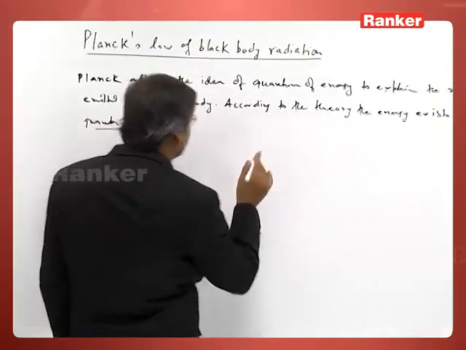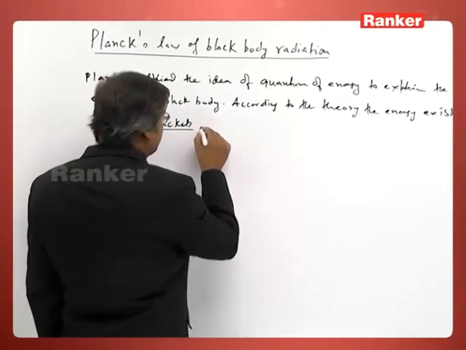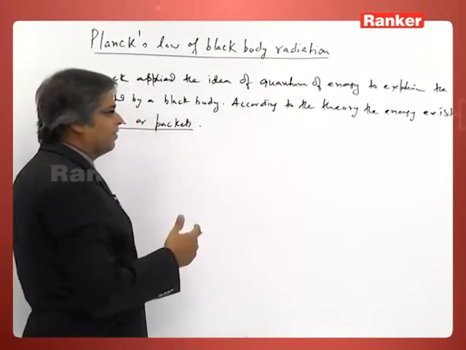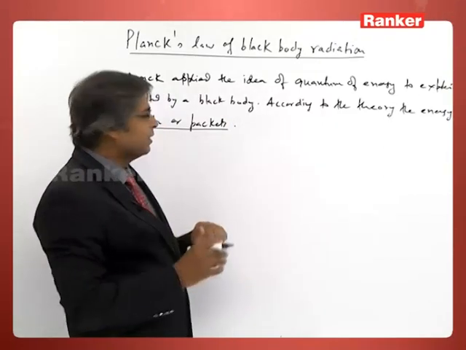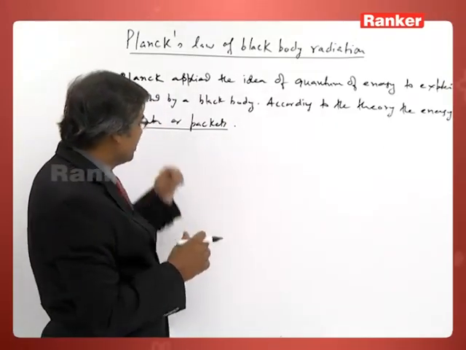According to the theory, the energy exists in quanta and packets, and previously the idea was that the energy is uniform. So, now there is discreteness of the energy.